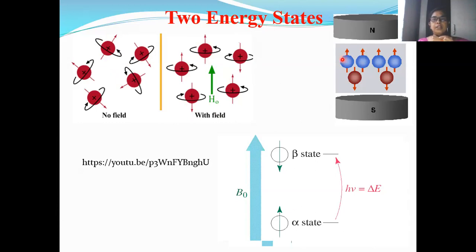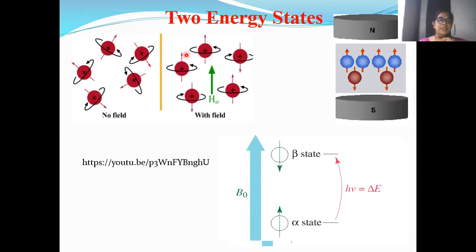Then some of the nuclei have their magnetic moments in the upward direction, that is in the direction of the applied magnetic field, and some of the nuclei have their magnetic moments in a downward direction, that is in opposite direction to the applied magnetic field.